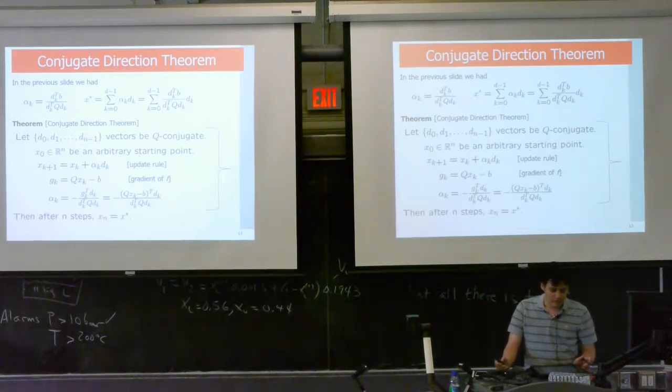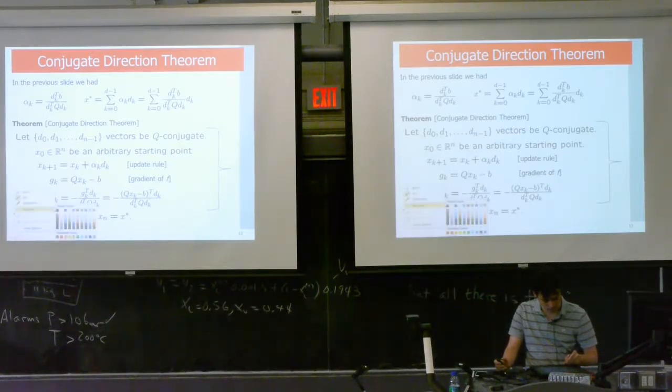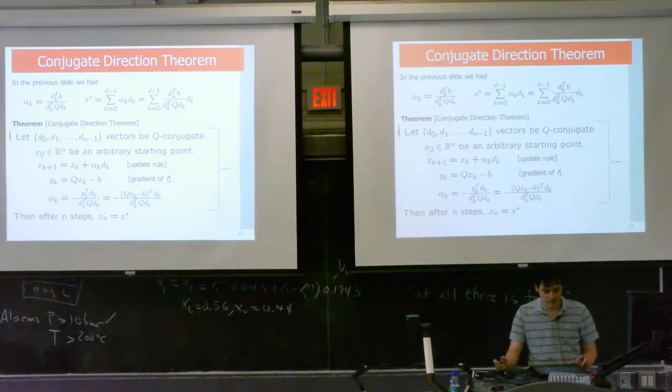And then we proved this conjugate direction theorem, which said that if we have n Q conjugate vectors, x0 is an arbitrary starting point, we update x's with these equations.